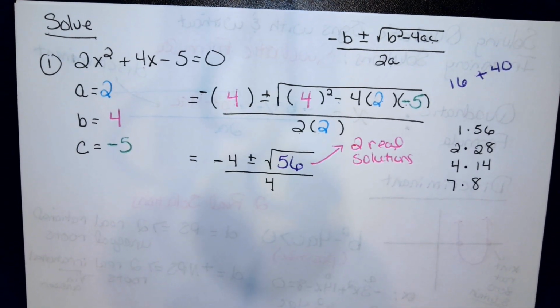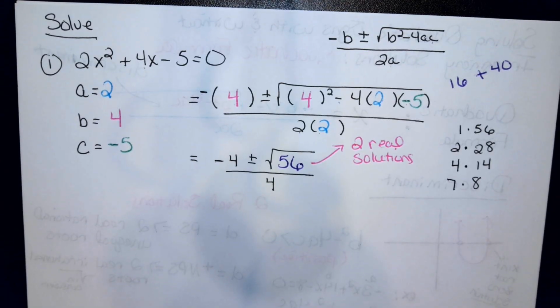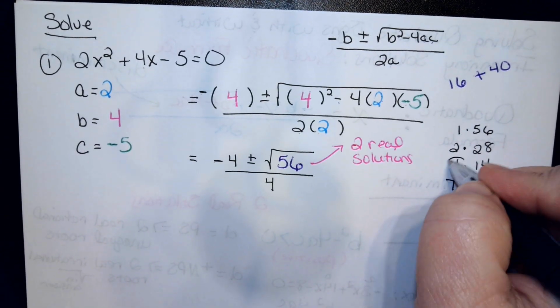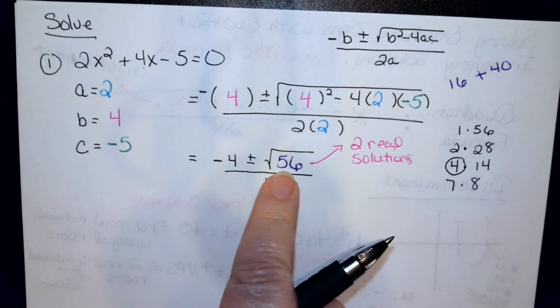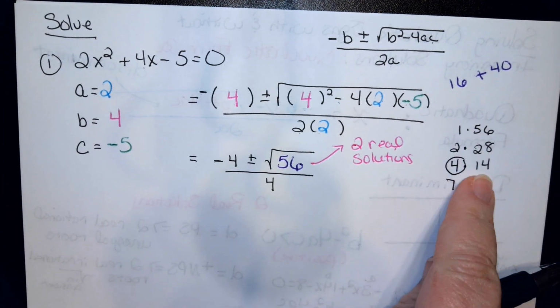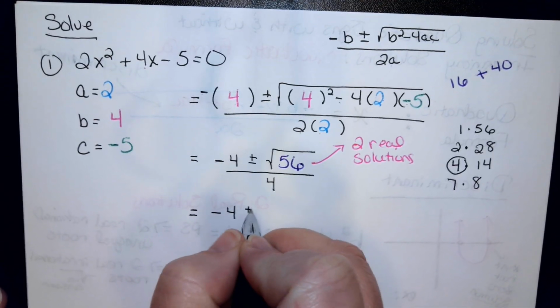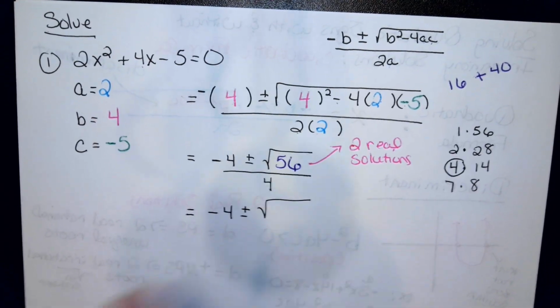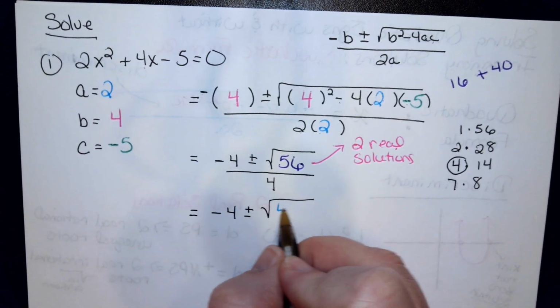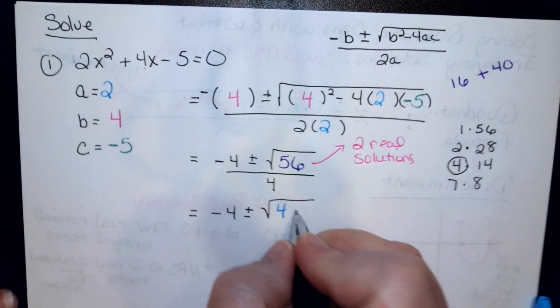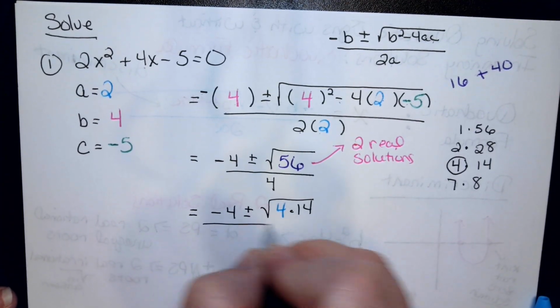You want to ask yourself, what is the largest perfect square, if there is a perfect square? Well, our largest perfect square is a 4. So 56 can be broken down into 4 times 14. So we got negative 4 plus or minus the square root of 4 times 14 all over 4.